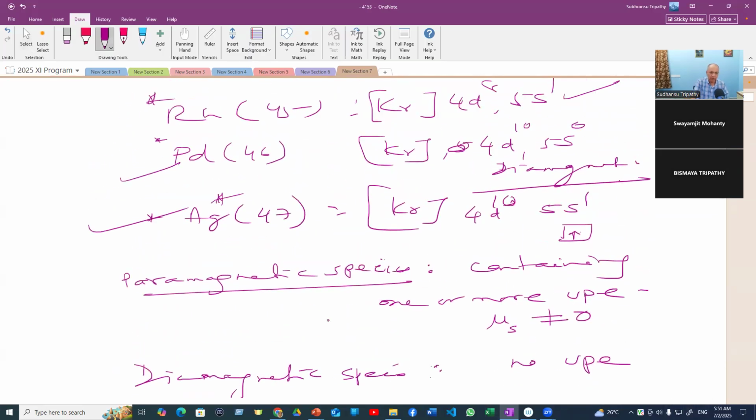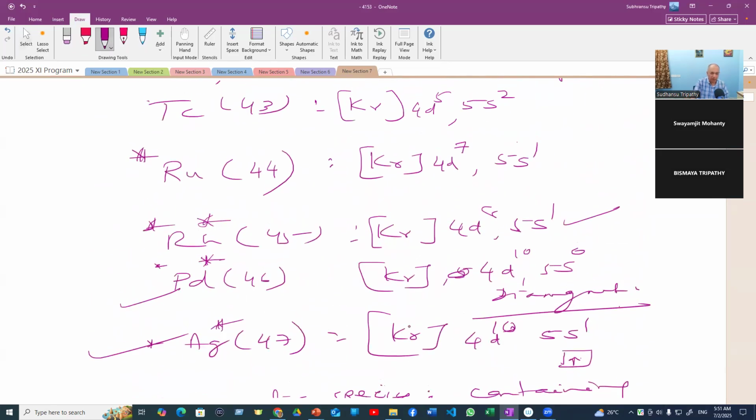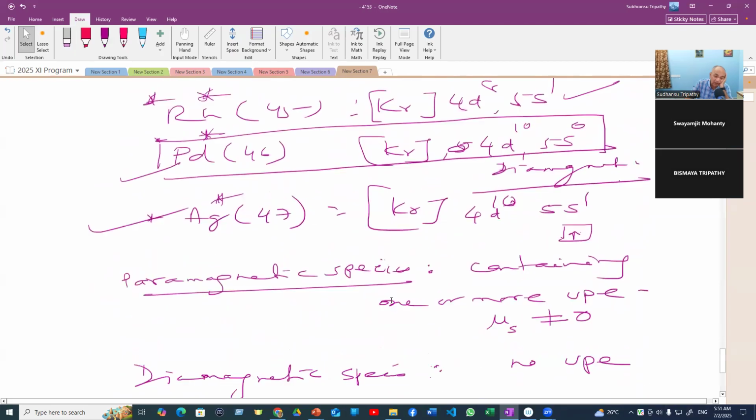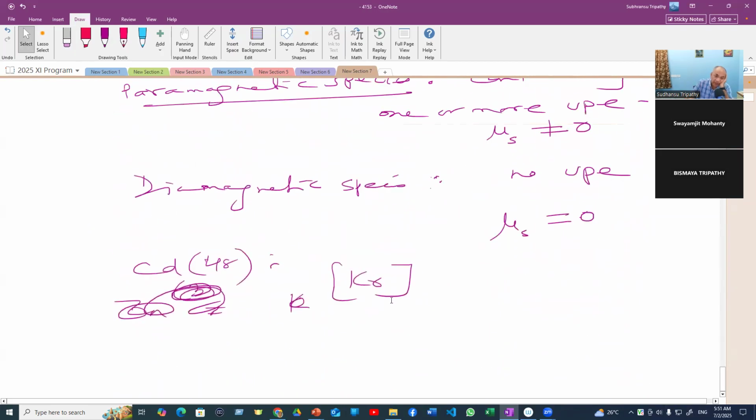Silver suffers from the anomaly, and also palladium, rhodium, all. But make a box on palladium to highlight that it is a very peculiar diamagnetic species having completely filled 4d. No electron is in the 5s. This is 5s2, 4d10 for cadmium. Cadmium is diamagnetic, so there is nothing.